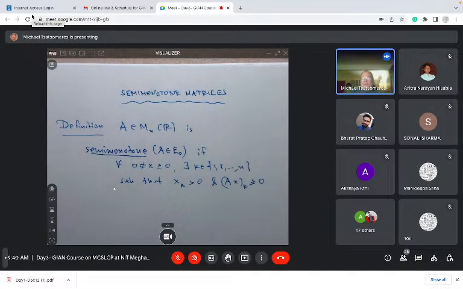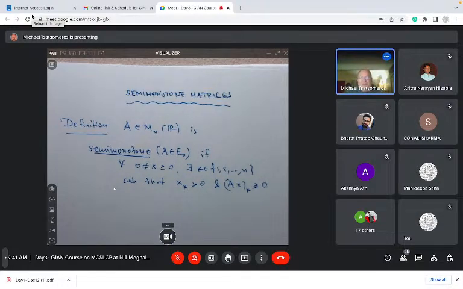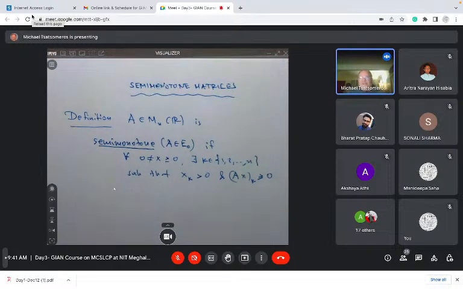So for all X's for which A times X is greater or equal than 0, then X was greater or equal than 0. Here, in some sense, we have a weaker version of that, because for this type of matrix it doesn't have to be for all X's for which AX is greater or equal than 0, X was greater or equal than 0. So it's a weaker version. You can think of it as a weaker version of monotonicity.